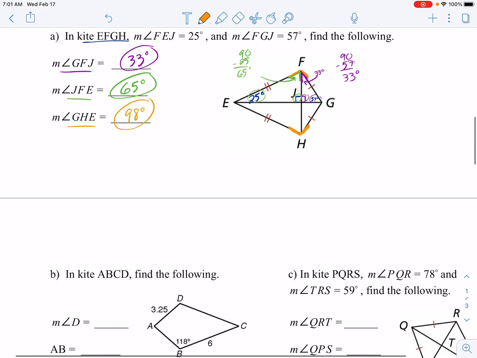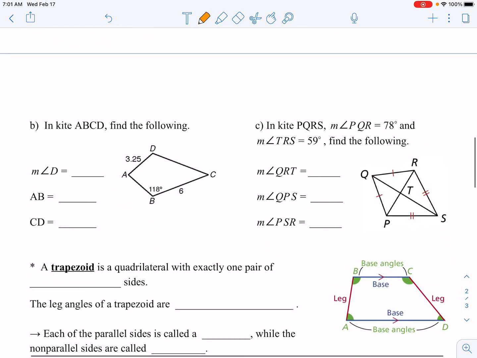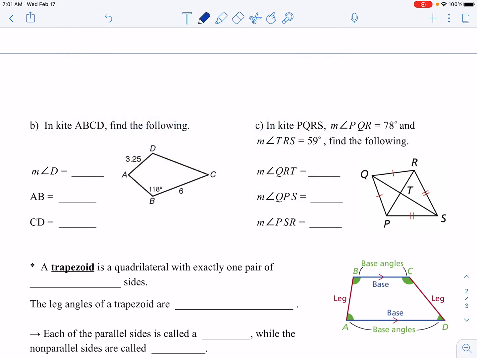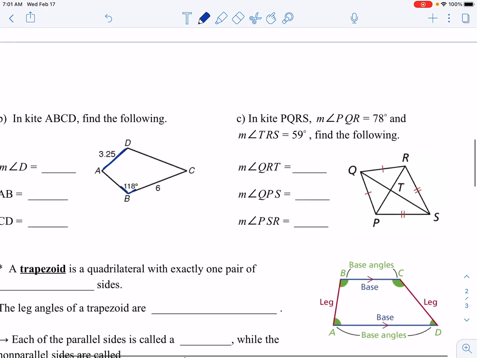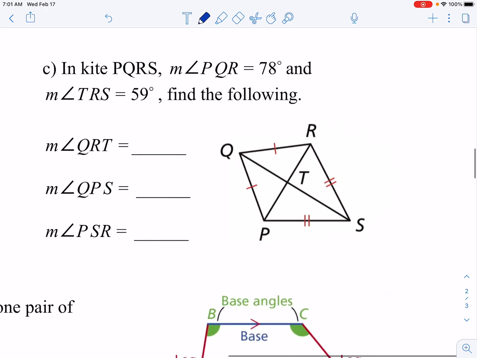Two examples down here, two more kites. Let's have you solve both. What I'll do with you is I'll go label everything that's given. For B, all the information is already there. You have this side length of 3.25 and this angle of 118 degrees. For C, kite PQRS, angle PQR, this whole angle is 78.